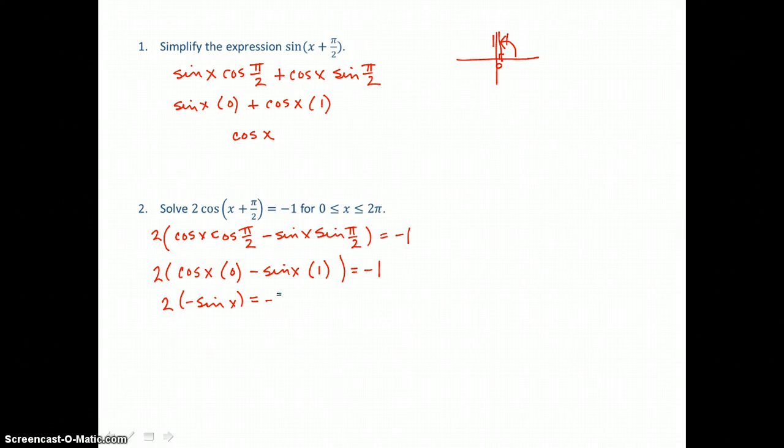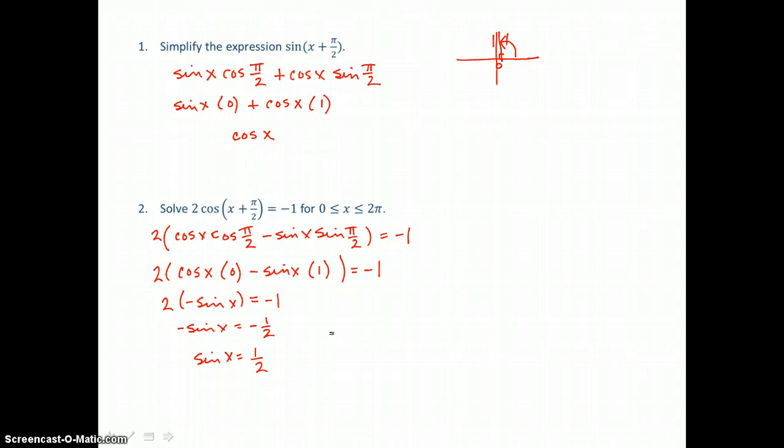And so getting sine x alone, I'm going to first divide both sides by 2 to get negative sine x equal to -1/2, and now I'll either have to divide both sides by -1 or multiply both sides by -1 to get sine x equal to +1/2.